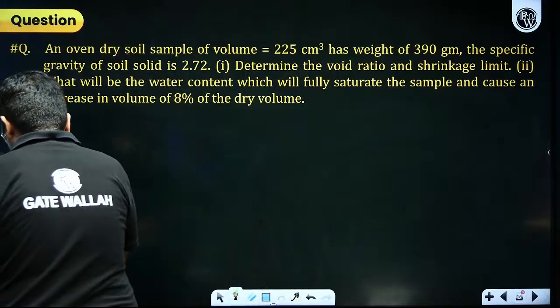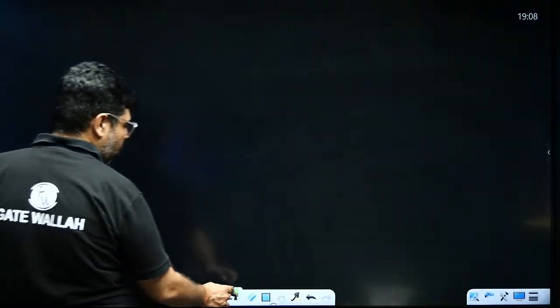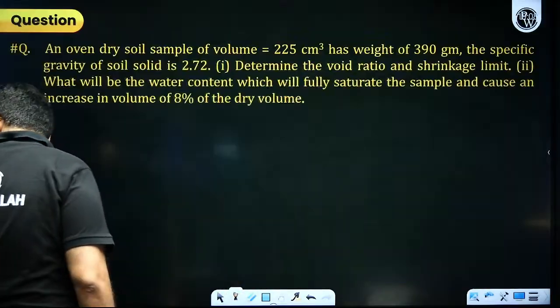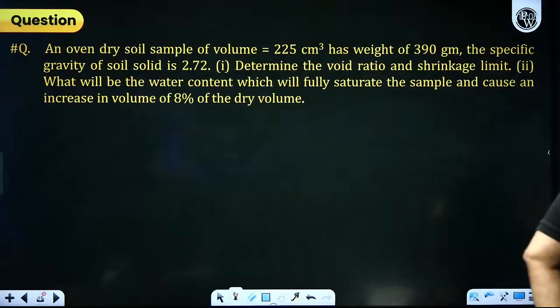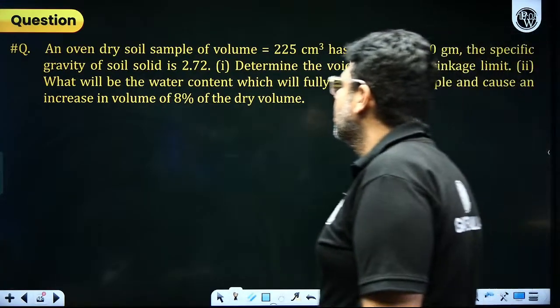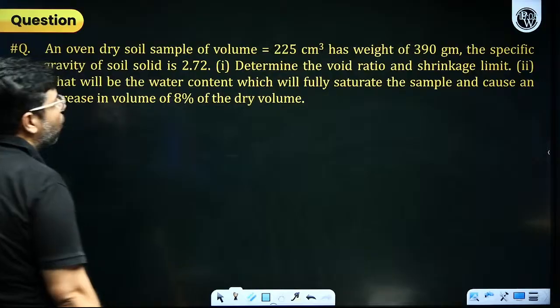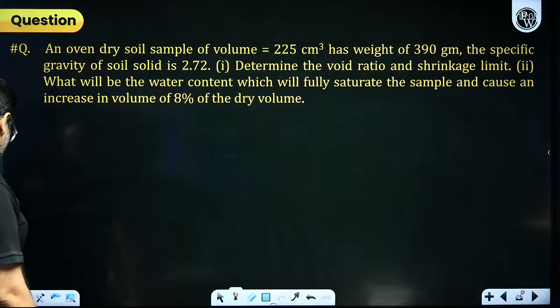Let's do a very interesting question. See what is being said here. Let's try to solve this question together using the phase diagram. Oven dry soil volume, VD, is given to me.